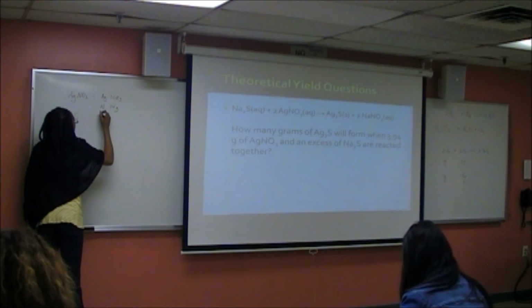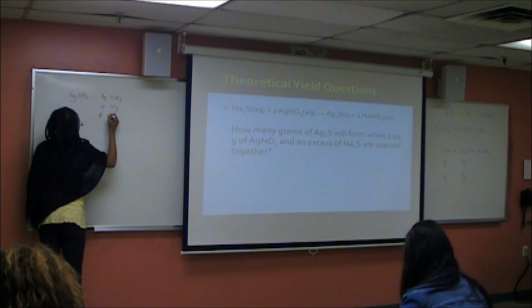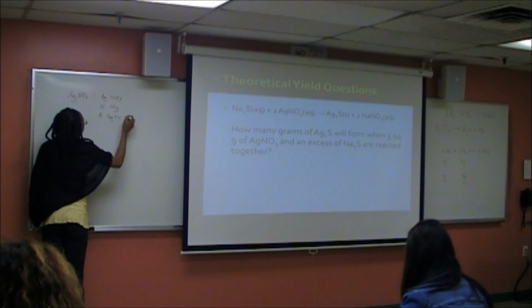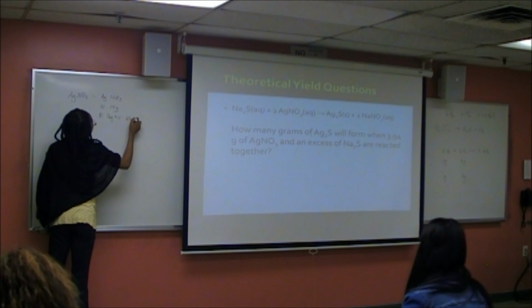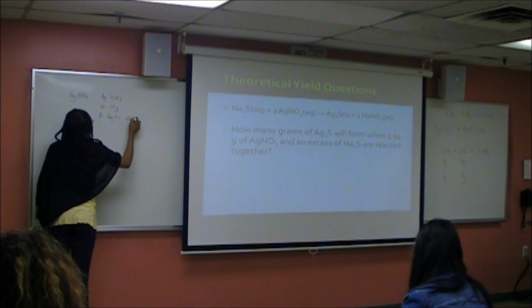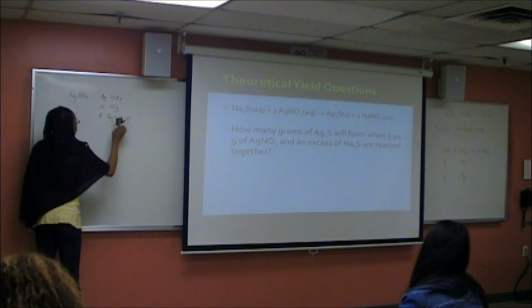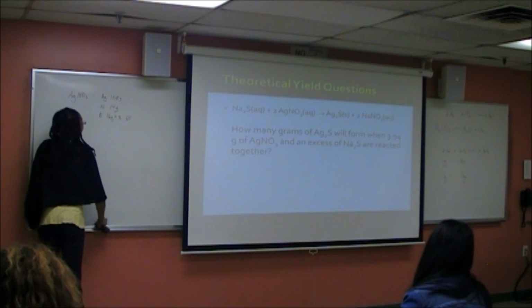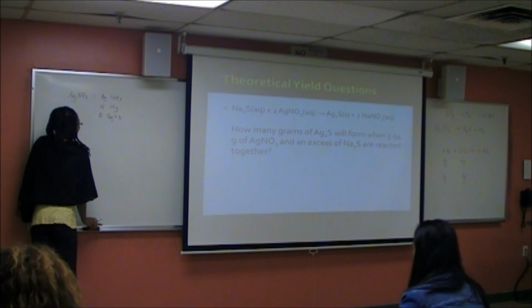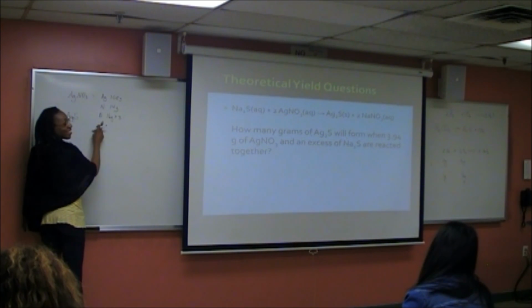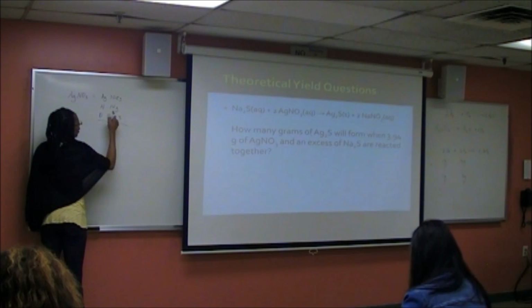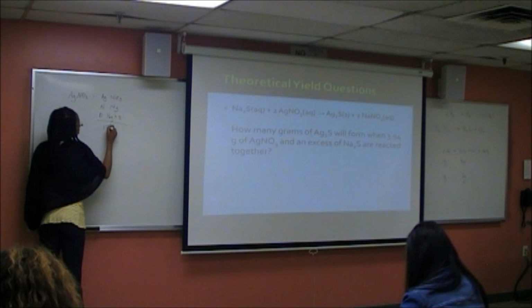Oxygen is 16 times 3, which is 48. I made a mistake on the 4. So what do we have here? 170. 170 grams.